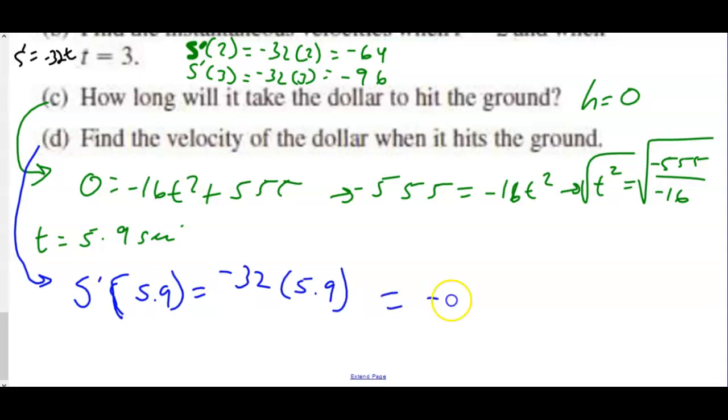And that gives us negative 188.8 feet per second. So that's how fast the coin is falling right there. All right. Keep it going.